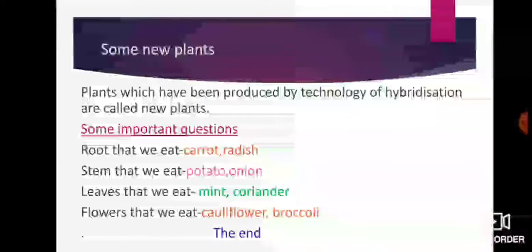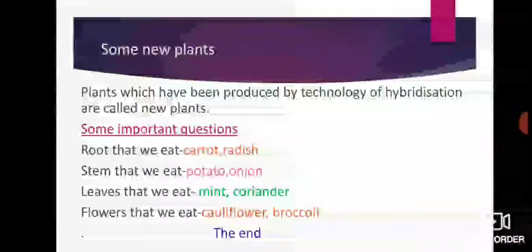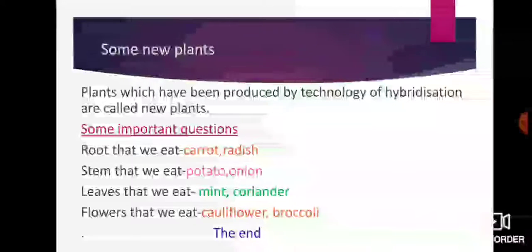They are also called bonsai. Some plants you have seen are called bonsai. They are not so tall like an actual mango tree. Okay, but in a small tree we can see some mangoes growing.